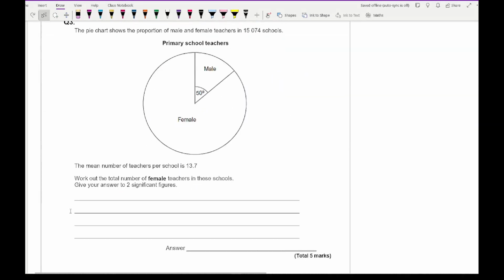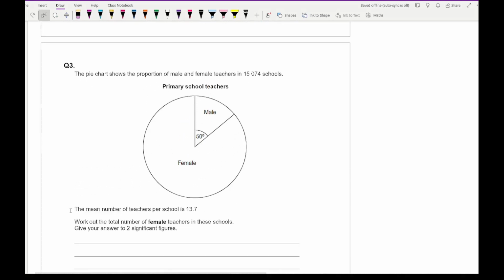Then moving on to question 3, it says the pie chart shows the proportion of males and female teachers in 15,074 schools. The mean number of teachers per school is 13.7. It says work out the total number of female teachers in these schools. Give your answer to 2 significant figures.